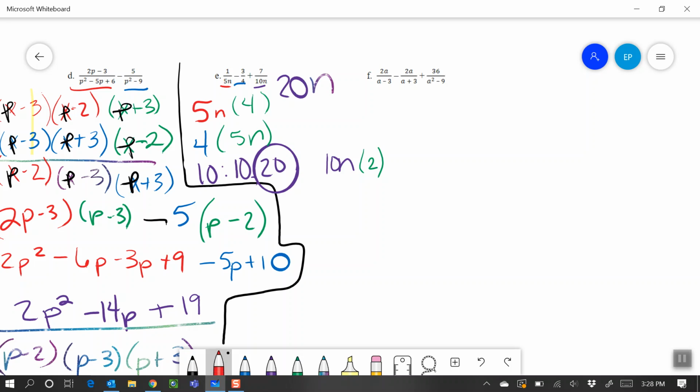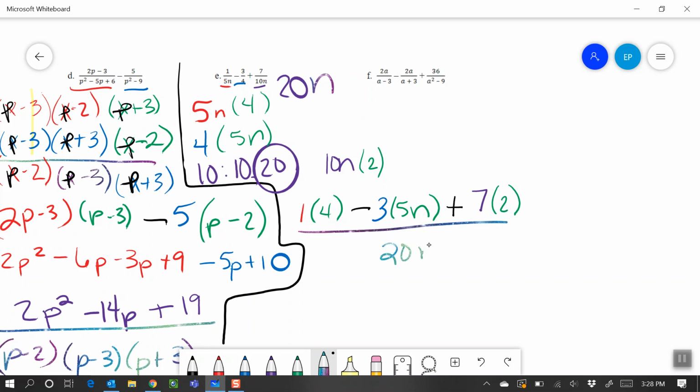So, left fraction, I'm going to have 1 times 4 minus 3 times 5n plus 7 times 2. And that's all going to be divisible by 20n.